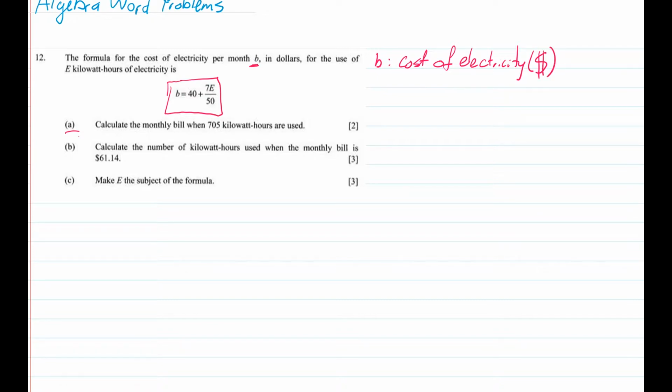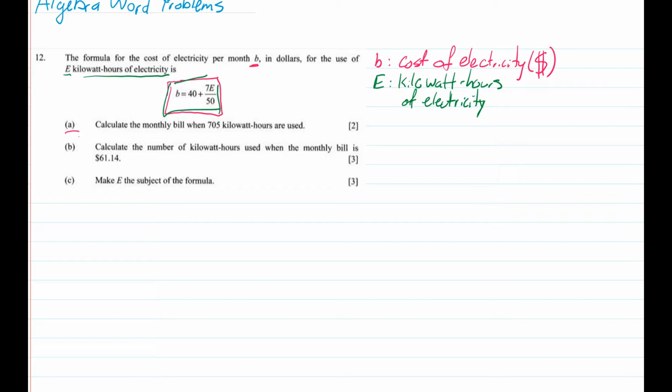And then it says E, for the use of E kilowatt hours of electricity. So E is just going to represent the kilowatt hours of electricity. So those are the two variables involved in this formula here.